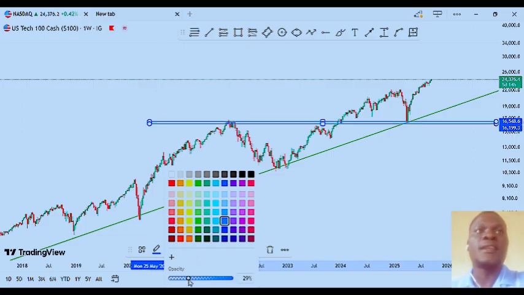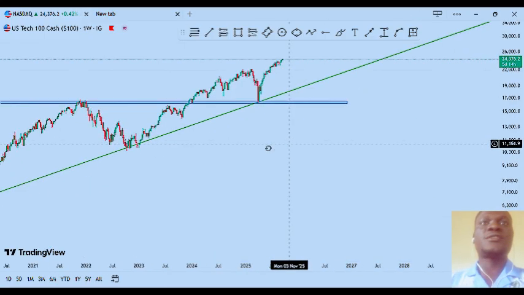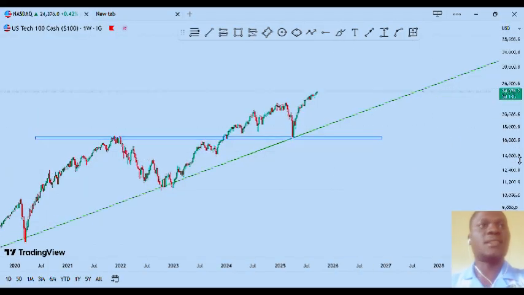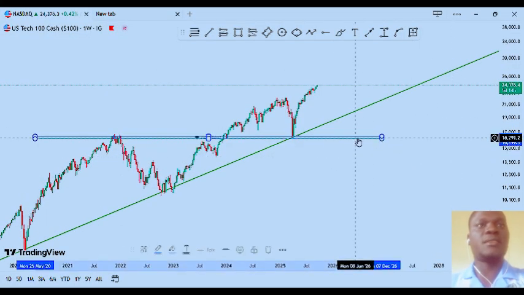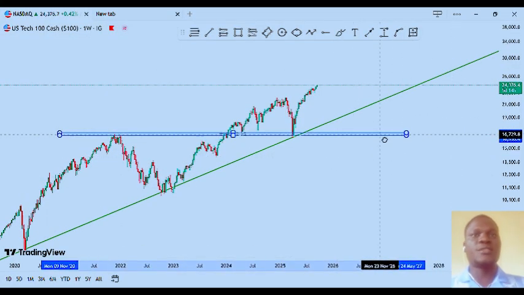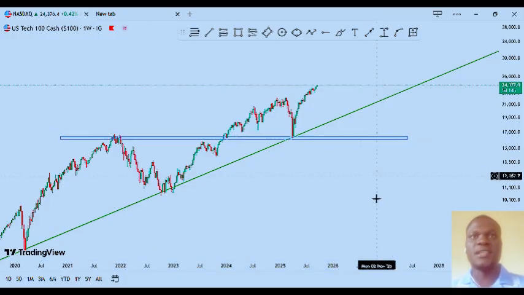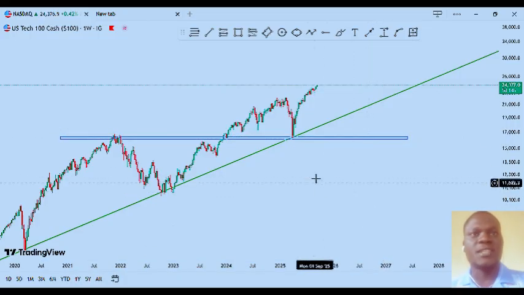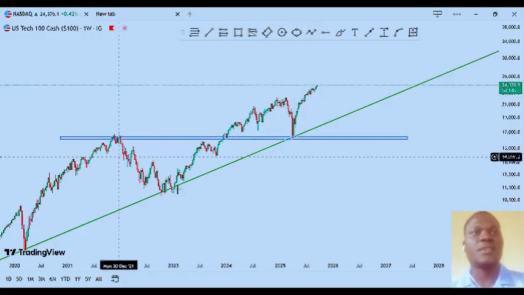All right, now there are so many things that play out here. There are so many confluences that play out here on the Nasdaq market. I look at this chart recently, and we should have looked for an entry inside of this confluence area here. But this is like a break and retest.